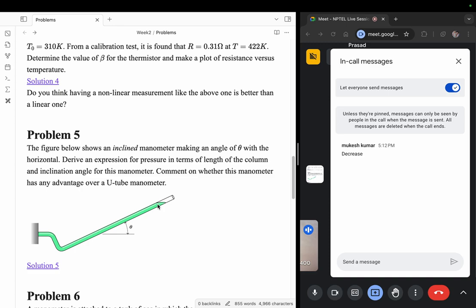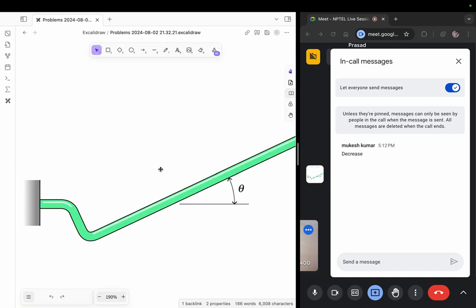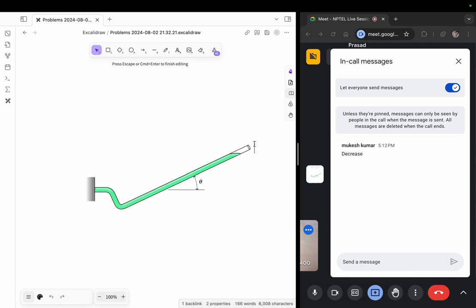If I tell you the length is L, what will be the pressure difference between the point here and a point here? So I have point A and then point B here. Let's say point A is close to this particular surface, and L is this length, from here to here.